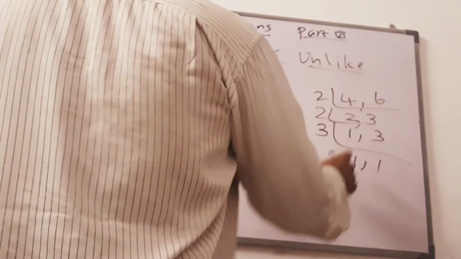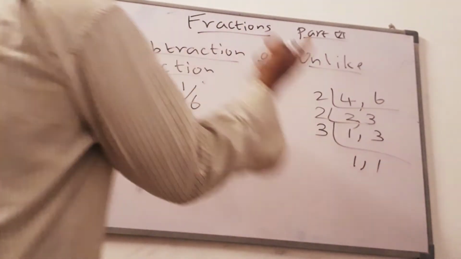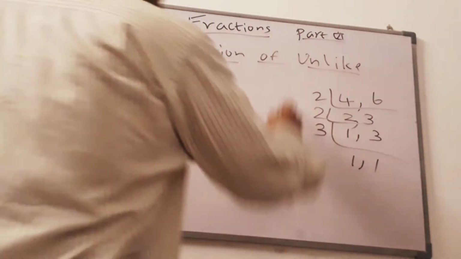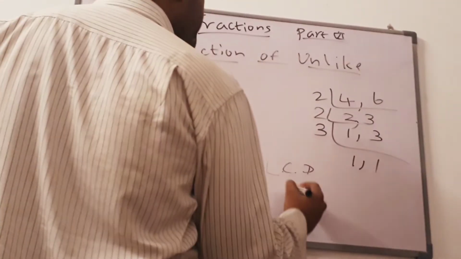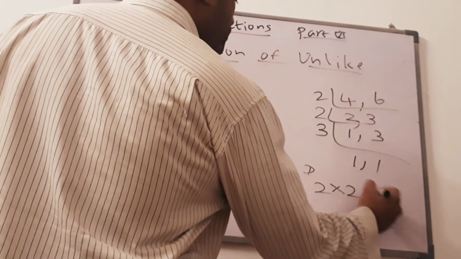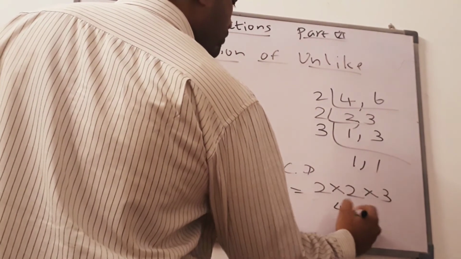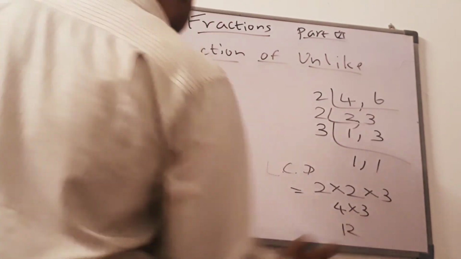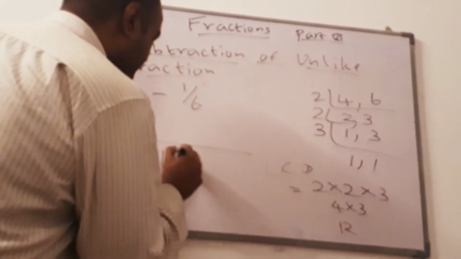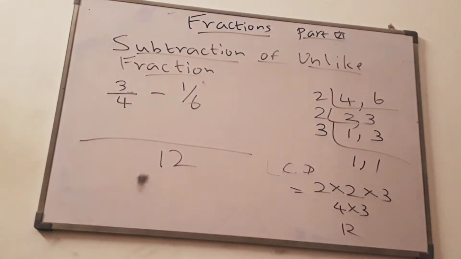Then we can divide 1 and 3 by 3. 1 remains the same. So 3 divided by 3 means 1. So it is like this. So the least common denominator here means 2 times 3, 2 times 2 is 4, 4 times 3, that is 12. So the least common denominator here is 12.